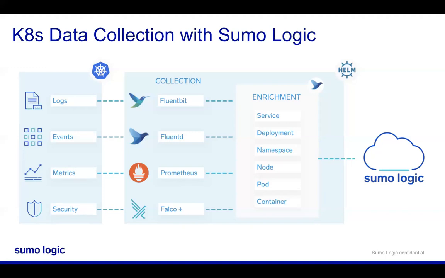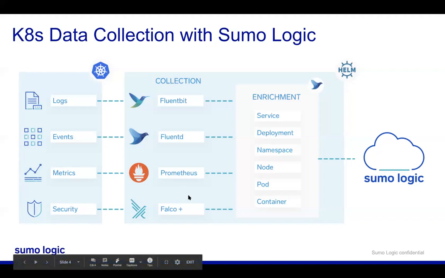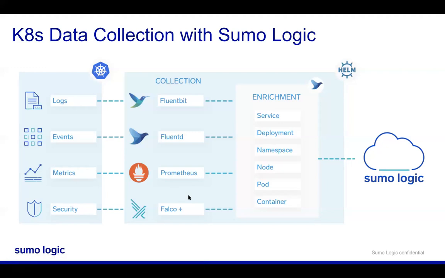We have an opinionated set of metrics that we forward on to Sumo to power those dashboards and make it really easy for you to identify issues and look at the things that matter within a cluster. And from a security events perspective, we can also utilize Falco out of the box, which has an out-of-the-box rule set that detects different types of anomalies, as well as audit log capabilities within your Kubernetes cluster.